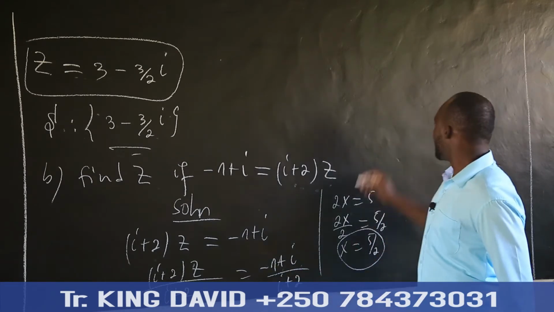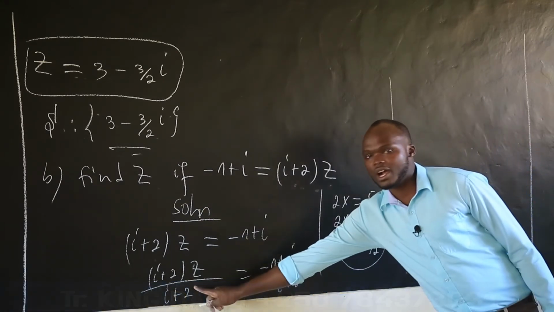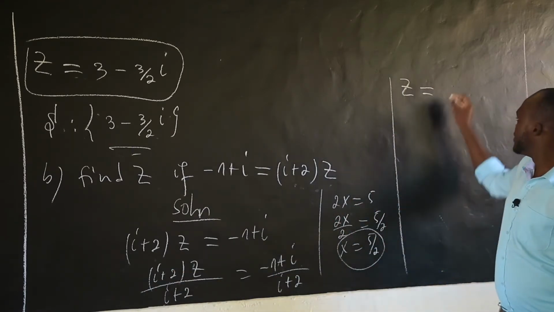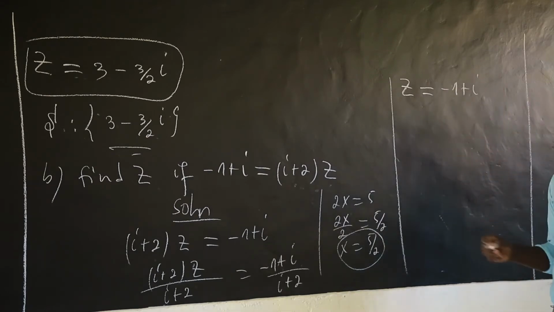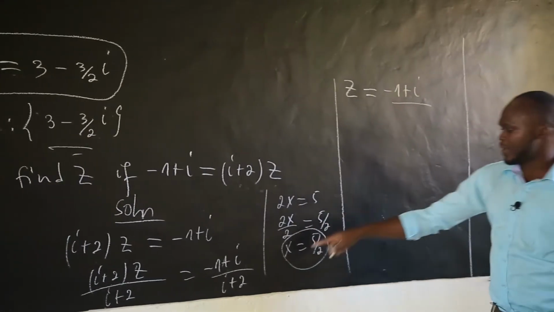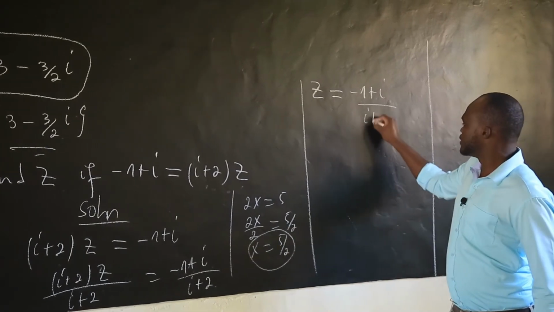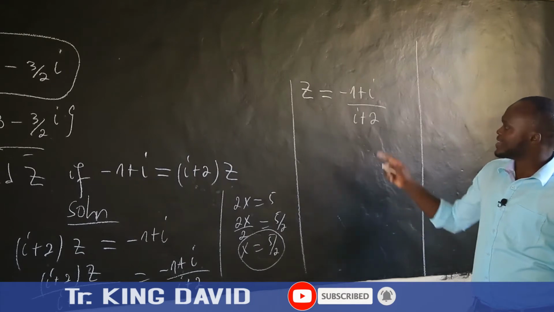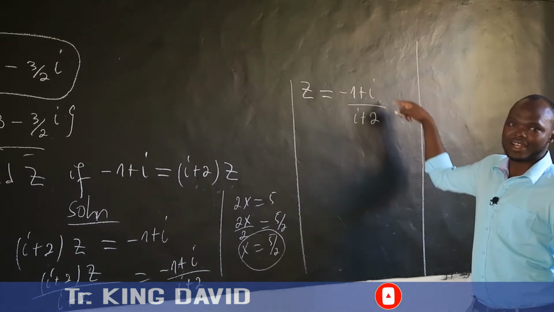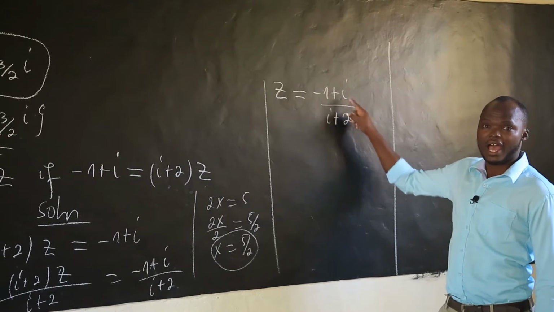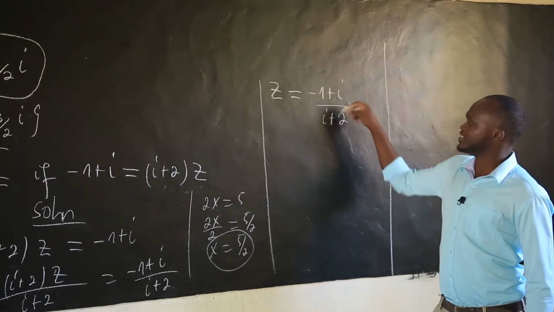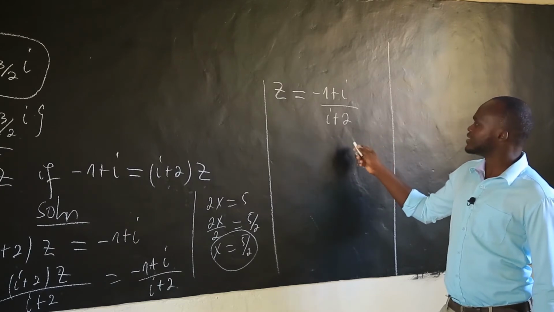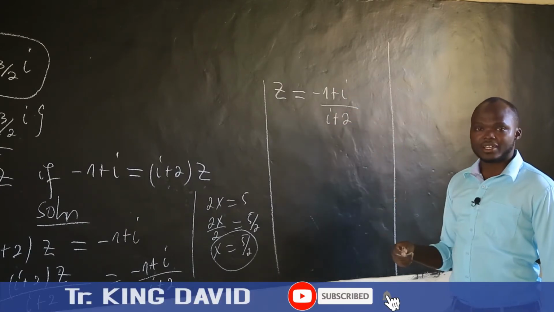So this will cancel with this, and we remain with Z equal to minus 1 plus I divided by I plus 2. This is the value of Z. But remember, we studied that when you have a complex number with numerator and denominator, we are not allowed to leave it like that. So we apply the division rule to express it in algebraic form.